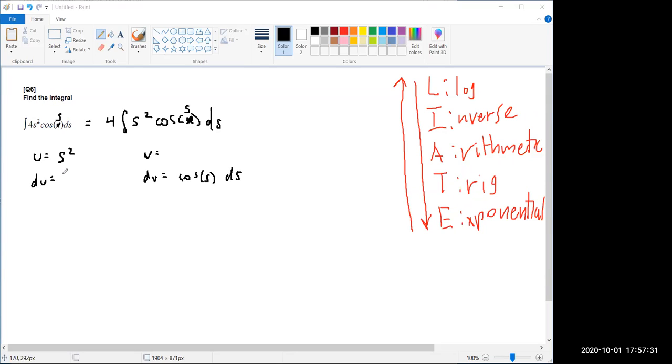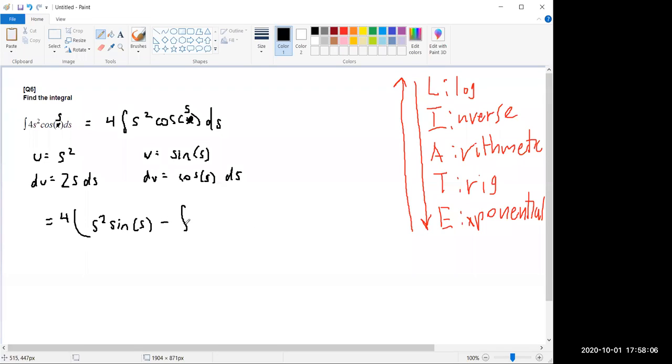du is 2s ds, and the integral of cosine is sine. Okay, so applying the by parts formula, we will get 4 times u v, so s squared times sine of s, minus the integral of v du.